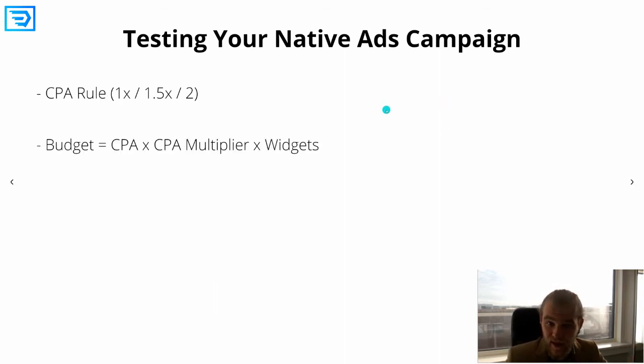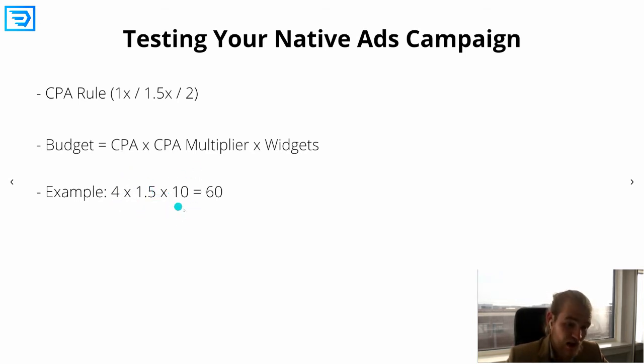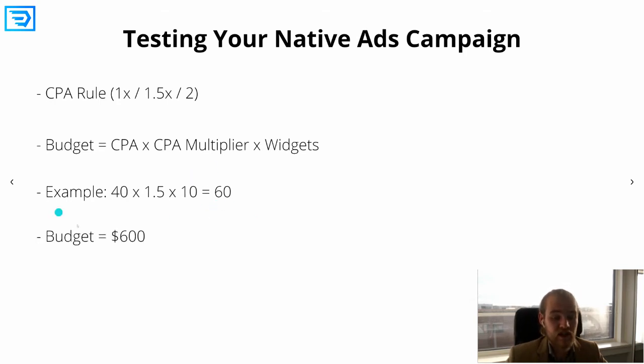So the budget is based on your CPA rule. So basically, to decide your budget for your native campaign, you would do CPA times CPA multiplier, so the CPA rule that you choose, times the amount of widgets. So to give you an example, if I have an offer with a payout of, that should be 40, but okay, no, that should be 4. So if I have a payout of 4, which is extremely low, but whatever, if I have a payout of 4 and I choose the multiplier of 1.5 and I have 10 different widgets, that would leave me with a budget of $60.